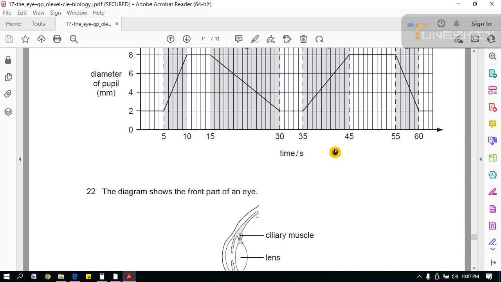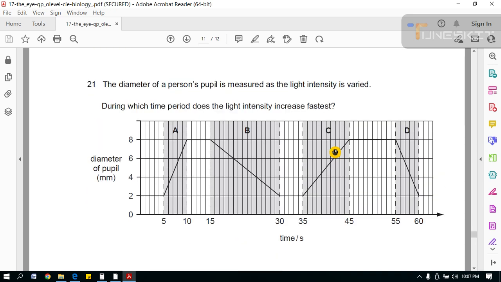So in options what you have, you have to observe here A, B, C, D. During which time period does the light intensity increase fastest? Okay, the diameter of the person's pupil is measured as the light intensity varies. Light intensity is variable here. So during which time period does the light intensity increase fastest?